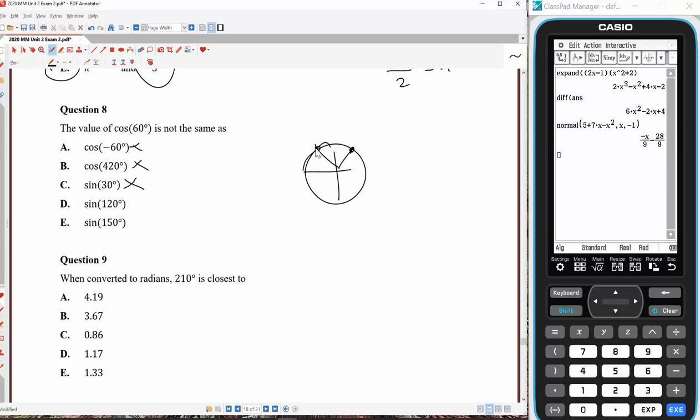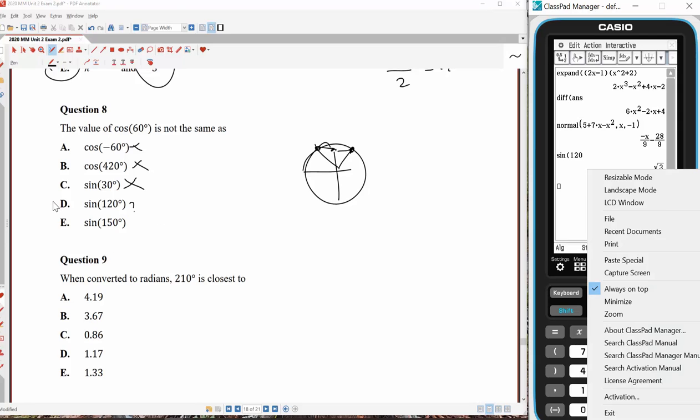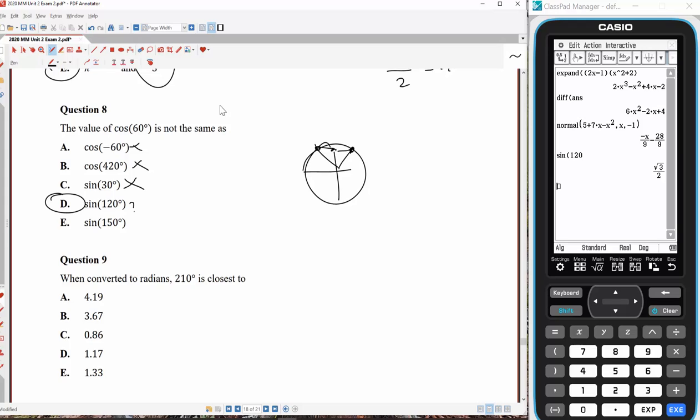Sine of 120 is the cosine. I think that is our answer. Sine of 150. Ugh, I'm just going to chuck this into the calc. Sine of 120. Yeah, there you go. So cosine of 60 is a half.